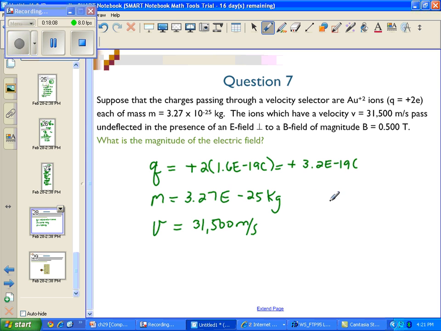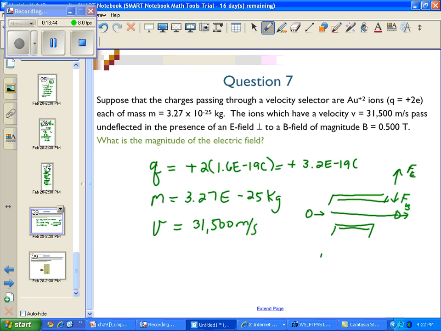Remember the velocity selector: you have charges coming in, they pass through an electric and a magnetic field, and those which do not deflect are those for which the magnetic force and the electric force are equal in magnitude and opposite in direction.